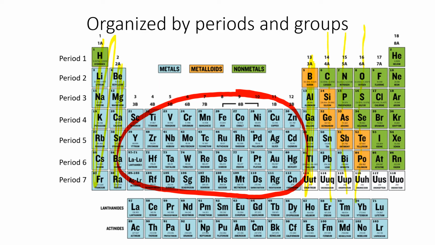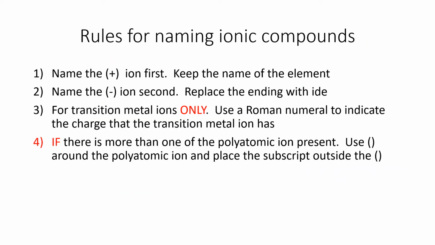Group 6A, -2. Group 7A, -1. And lastly group 8A, not a lot of ions are formed there. So again, here are our rules. In our first couple of examples, we'll just deal with Rule 1 and Rule 2. We won't have to worry about Rule 3 or Rule 4 just yet.